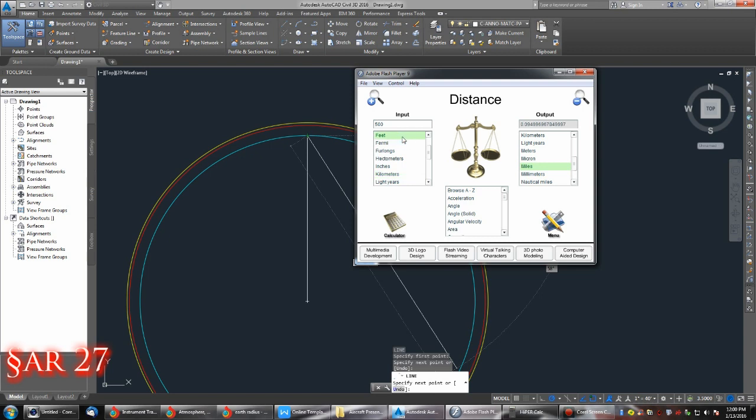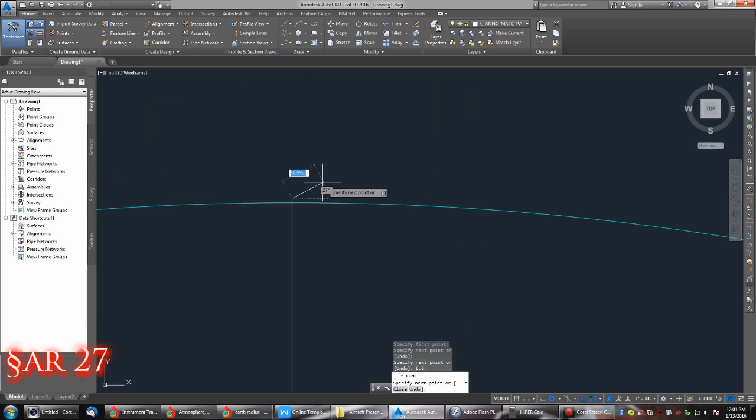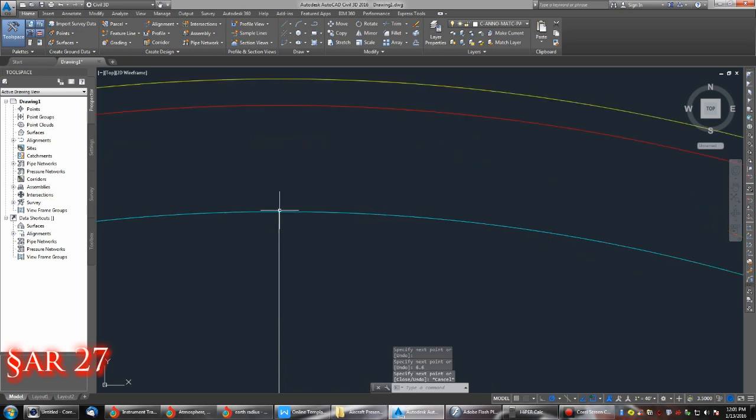Oops, there it is. And we're going to convert it to miles. I already know it off the top of my head, but I've got to put it here for people. So 35,000 feet is about 6.6 miles. We're just going to round that down to 6.6 miles. Okay. Now you can see from that little line there that represents an aircraft at that altitude, and it's very far away from that.